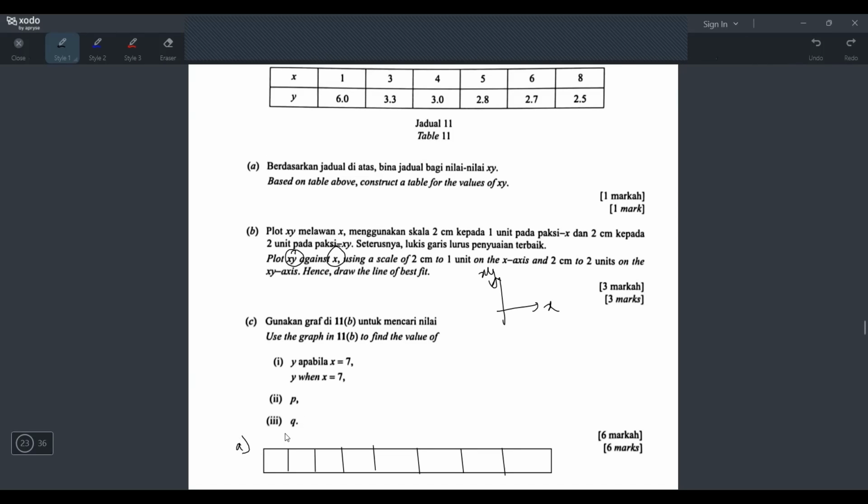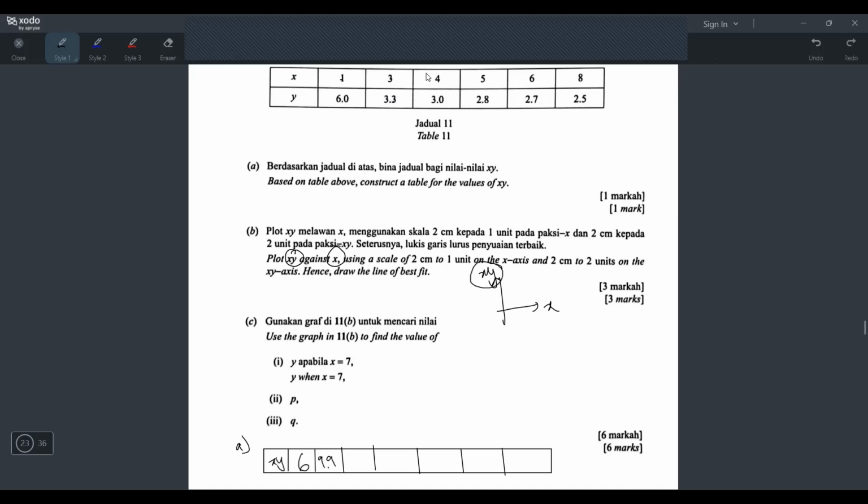Okay, construct a table for xy. So this is xy, which is the y-axis. The xy will be 1 times 6, which is 6. And then to get the second one, you have to take 3 times 3.3, because they want x times y, right? So what happens when you take 3 times 3.3? I think it's 9.9. Okay, let's press the calculator. Yeah, correct.